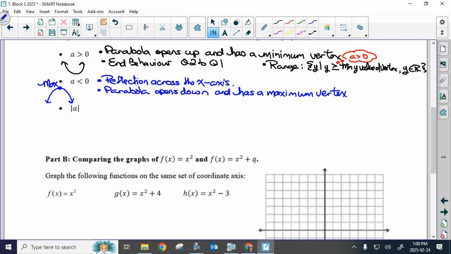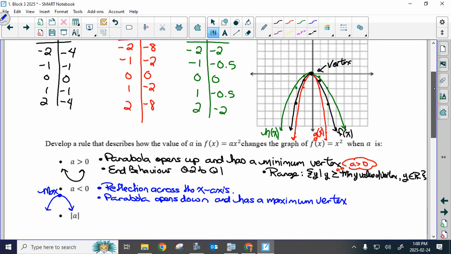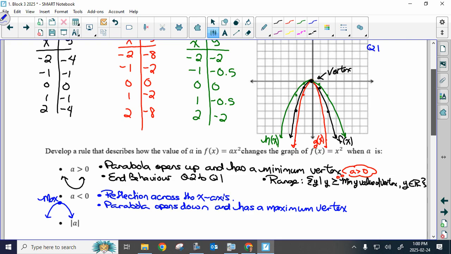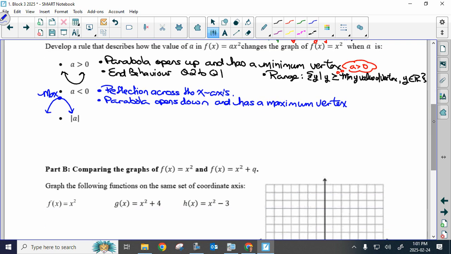So if you think about your end behavior, this is quadrant 1, this is quadrant 2, this is quadrant 3, this is quadrant 4. You start in quadrant 3 and you finish in quadrant 4. So that's the language we'd use next year, end behavior. Q3 to Q4, and we read it left to right.